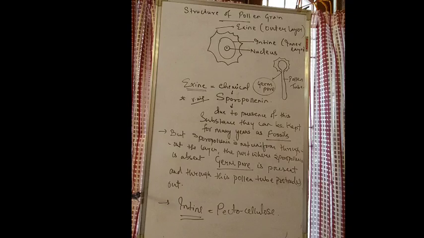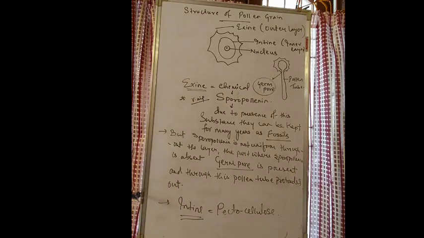Now pollen viability for some plants like rice or wheat: they retain their ability only for 30 minutes. After that they lose their viability. Whereas families of plants like Solanaceae, Leguminosae, Liliaceae retain their viability for months.